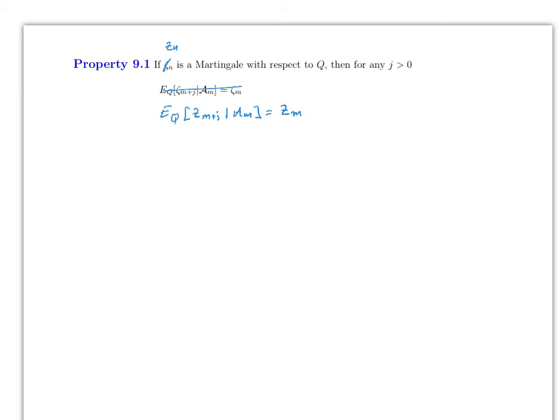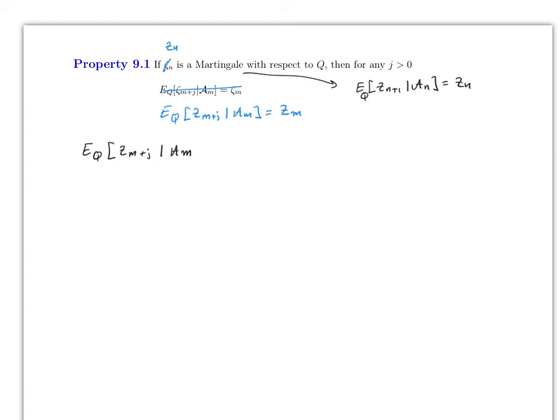All right, so how do we show that that's the case? Well, the expected value with respect to Q of Z_{m+j} given A_m. Now remember here we know that this is a martingale, so we need to use that property. What does that mean? The expected value with respect to Q of this given this is equal to this.